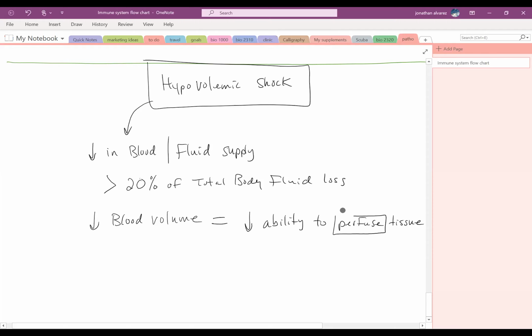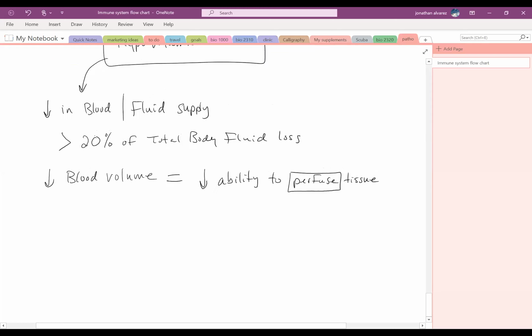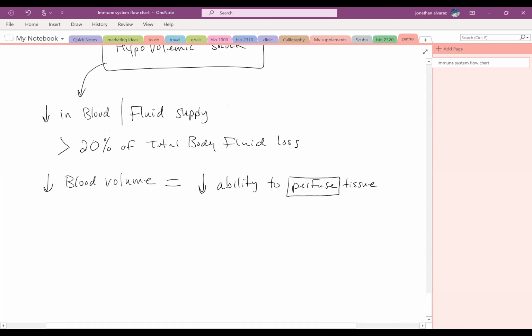Perfused tissue means the passage of fluid through the circulatory system. So your body's ability to pass fluid through the circulatory system.